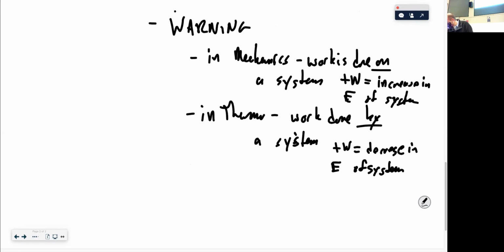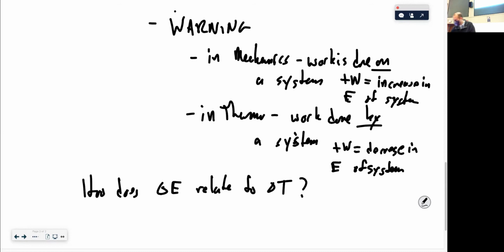So how does delta E relate to delta T? That's the next question. We're going to define a term, a variable now.